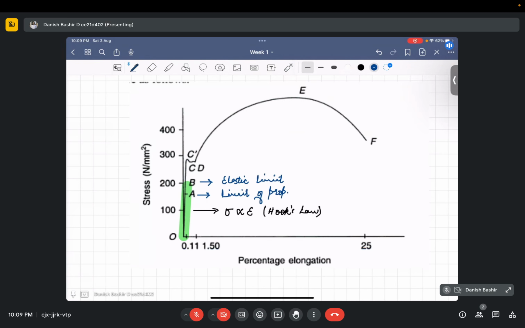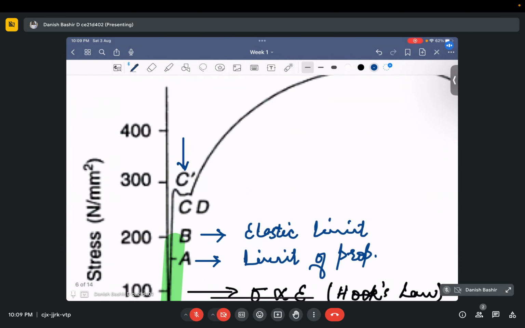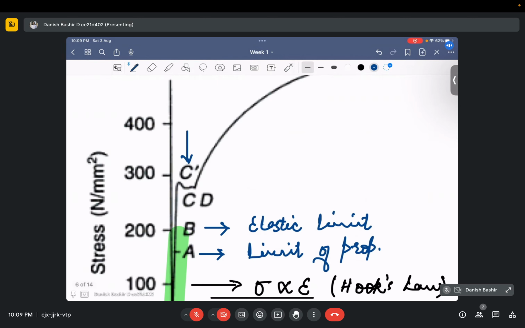Then C dash C. This C dash is actually not very visible, but you can see it from here. C dash is known as the upper yield point.